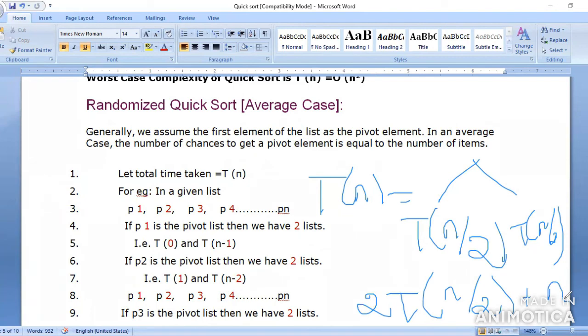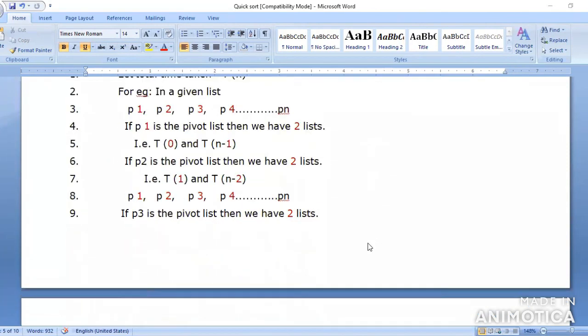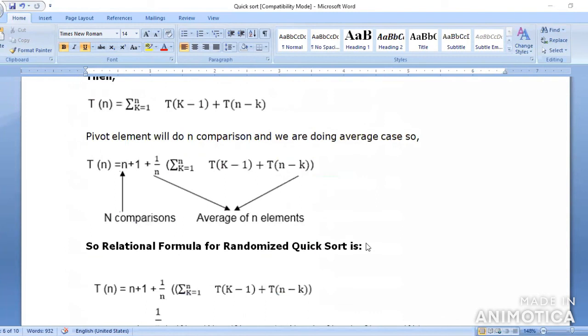Substituting, the answer is 2T n by 2 plus order of n. So in the best case and average case, you calculate n log n.